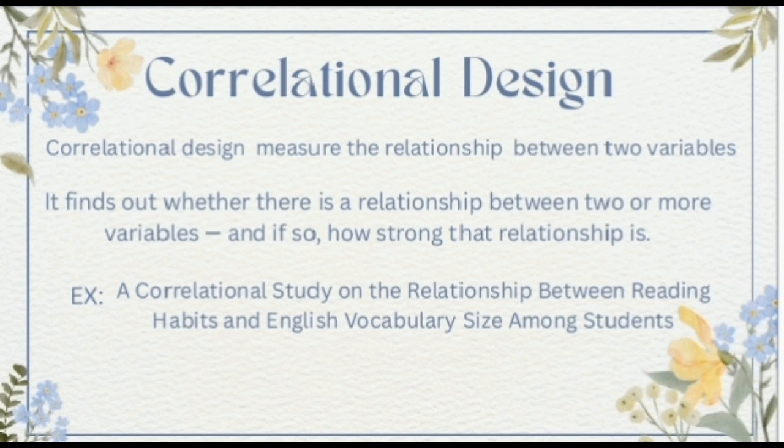If we have the habit of reading, of course our vocabulary will be improved or increased. So the relationship between these two variables is strong in my opinion. In correlational design, we check the relationship between two variables, as you see in my example.